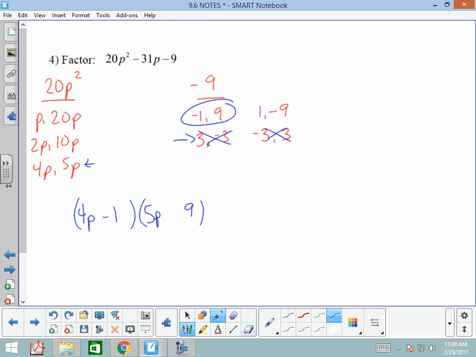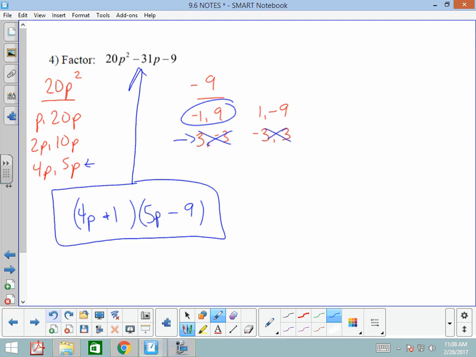So we're going to make this a positive 1 and a negative 9. Now again, I always like to recheck just to make sure I didn't rewrite the same signs I already had. So it's negative 36p plus 5p, which is negative 31p.